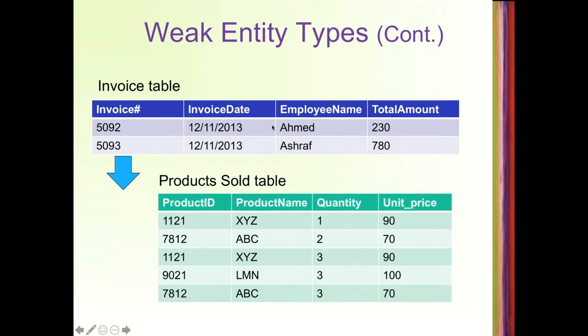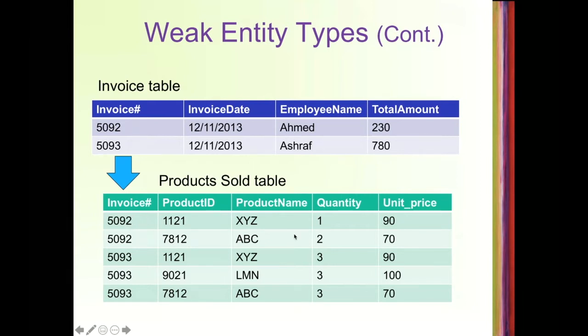This was invoice number 1, this is invoice number 2. In each of these invoices, some items were sold. So we have to tell here that this product was sold in the first or second invoice, for each record. So we copy this invoice number from our parent table into this table. 5092, 5092, 5092.